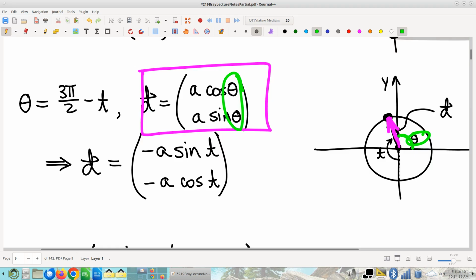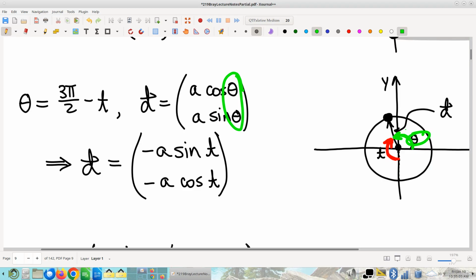Which looks nice and everything, except it's not in terms of T. So what I need to do is understand how to rewrite that in terms of our angle T, which is like that. So we've got two angles here. We've got the green angle and the red angle.